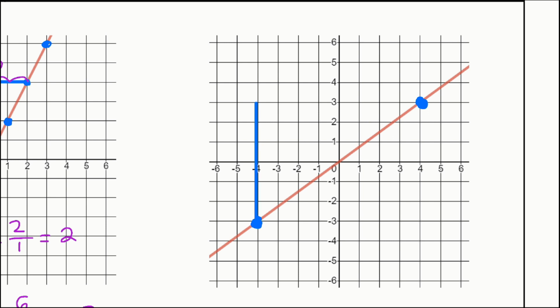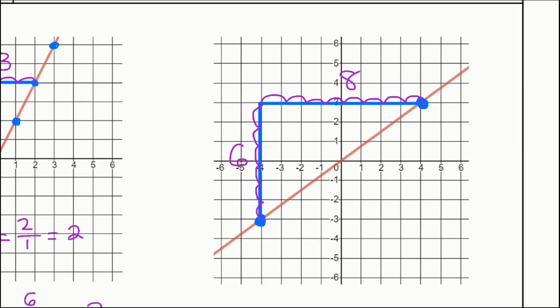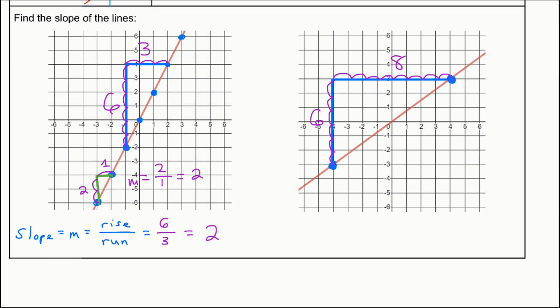Rise up, run out. Okay. And I'm going to count. Just going to count. So 1, 2, 3, 4, 5, 6. Rise of 6. 1, 2, 3, 4, 5, 6, 7, 8. A run of 8. I just realized I forgot to set this up.